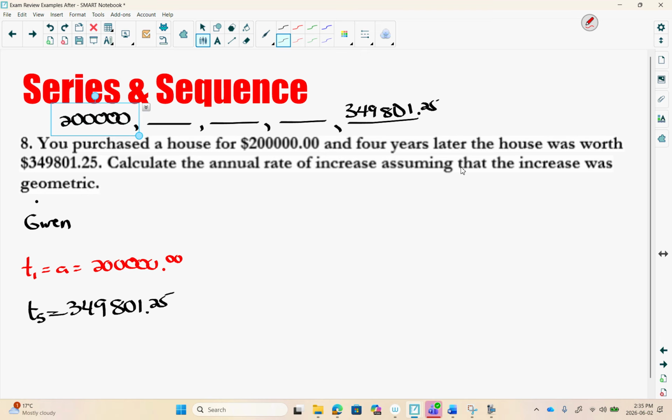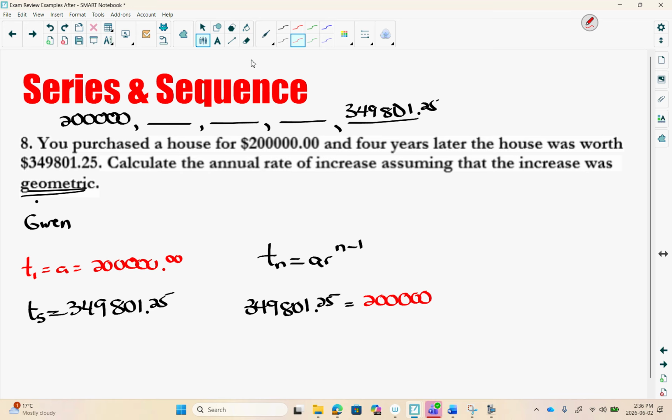Okay, I know it's geometric. I know I can use this formula right here. And I'm going to fill this in for term 5: 349,801.25 is going to equal, I'll fill 200,000 in for A. I don't know what R is. I do know that N is 5.